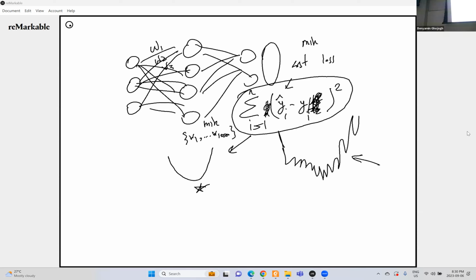So 1000 optimization variables. This loss is quadratic with respect to y and y hat, the output of the neural network. But the optimization variable is not the output of the neural network. The optimization variables are the weights. With respect to the weights, it's very complicated. With respect to the output of the network, it's convex. You see that? Now, do you see the beauty?